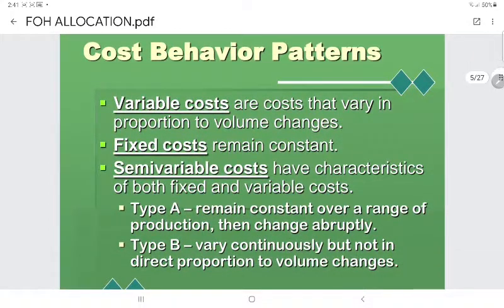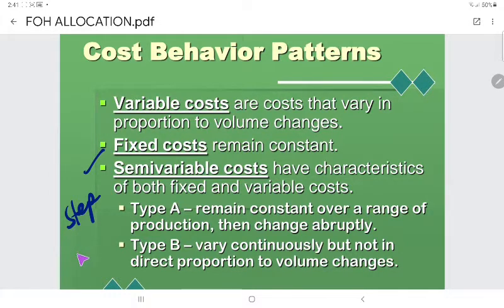Then, as a review, these are your cost behavior patterns, of which your semi-variable costs or your mixed costs are of two types, no? And the reason it is called semi-variable is type A and type B, because sometimes you are able to see step fixed cost or step variable cost, no?